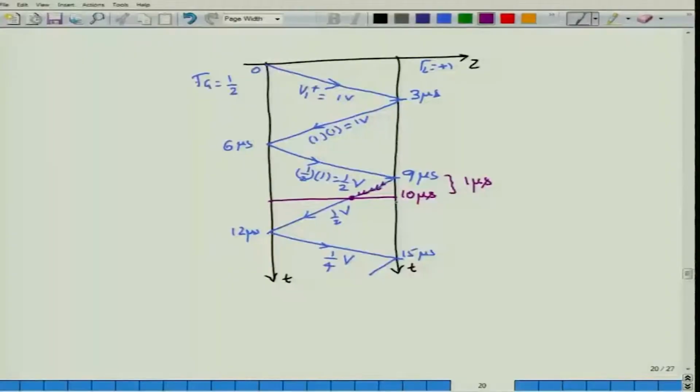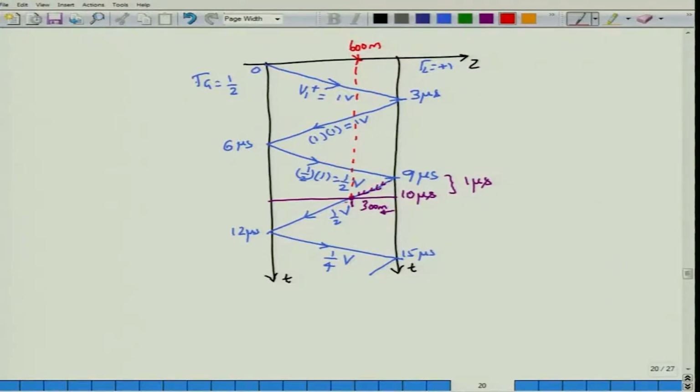So in this case, since it is 10 microseconds, the point where the blue line, which is how the voltages are propagating, meets the slice of time which I have drawn at 10 microseconds, would be 300 meters away from the load, but 300 meters away from the load is nothing but 600 meters. Okay. So we would have reached the 600 meter point.